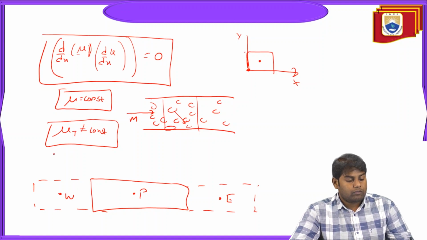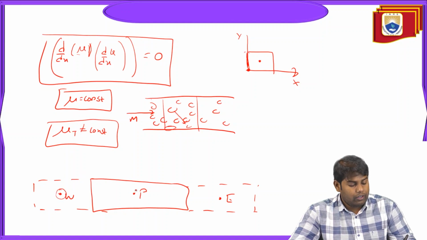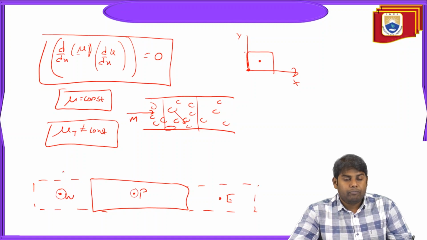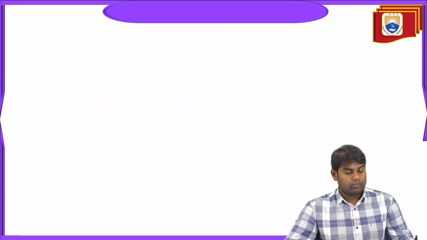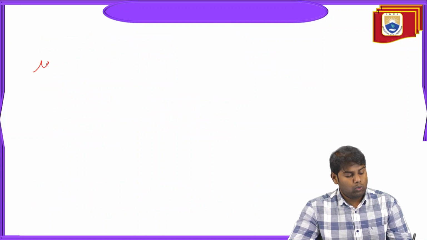Okay, now what do we do actually? In order to calculate the values at this west node and at the point P, we take the value at face A and the value at face B. So mu at A is equal to mu at the west node plus mu at the point of interest P, divided by 2.